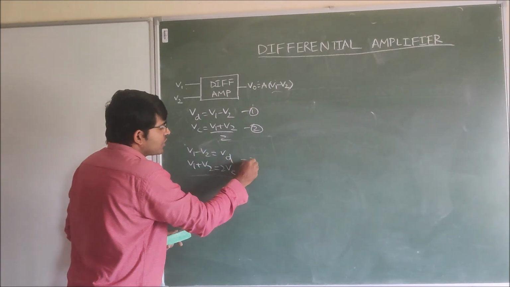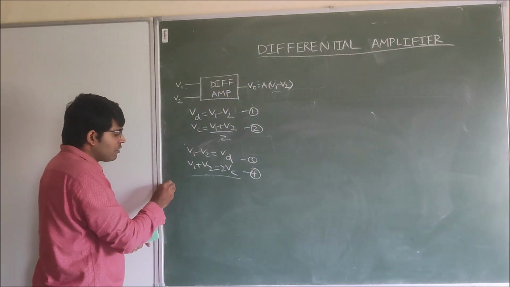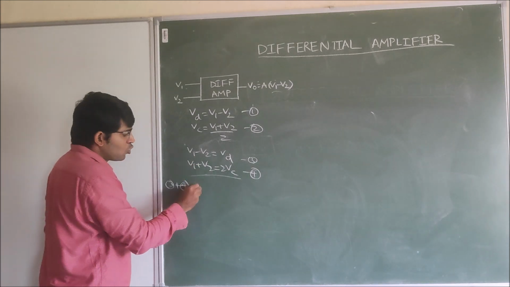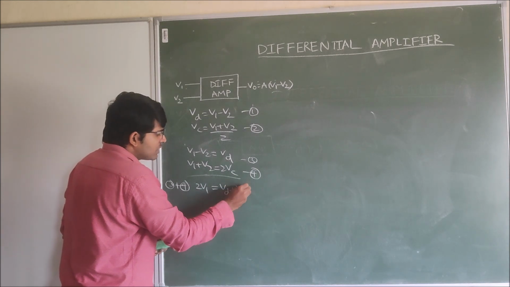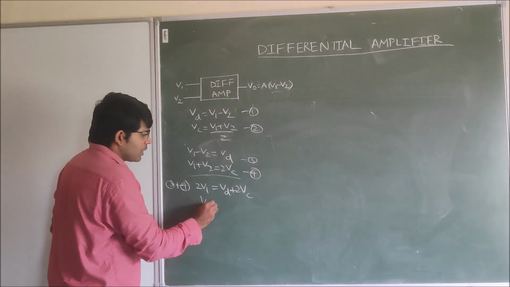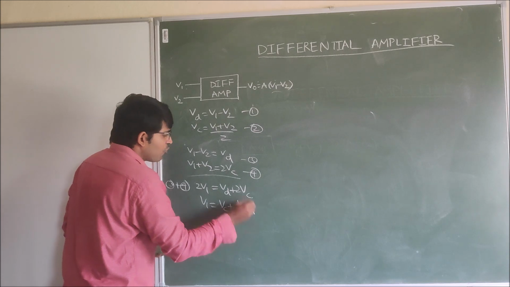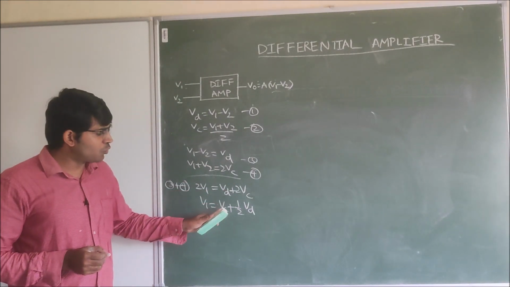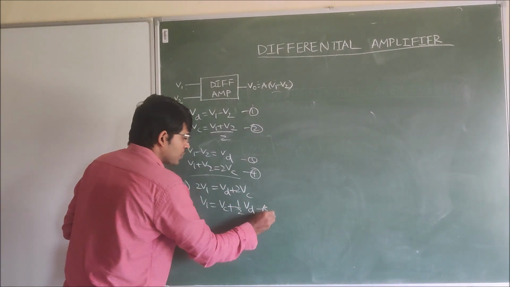These are equations 3 and 4. When I add both equations 3 and 4, the result is 2V1 is equal to Vd plus 2Vc. So V1 is nothing but Vc plus half Vd, bringing the 2 across. So this is equation 5.